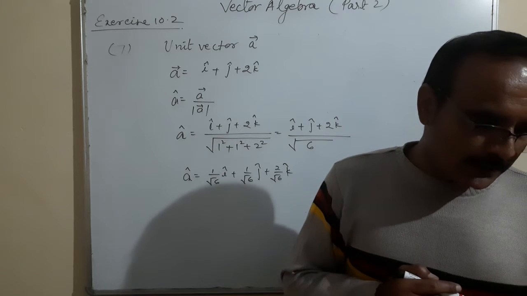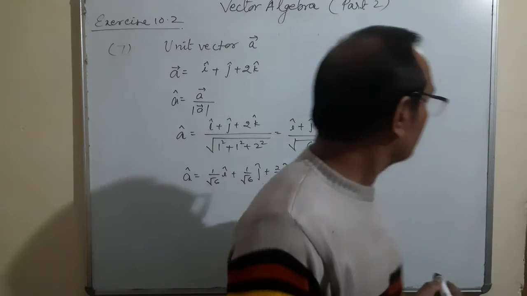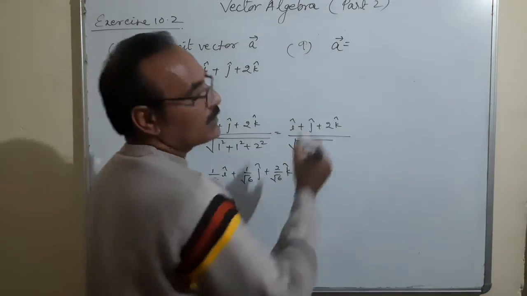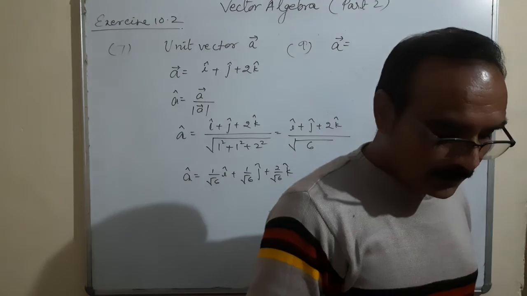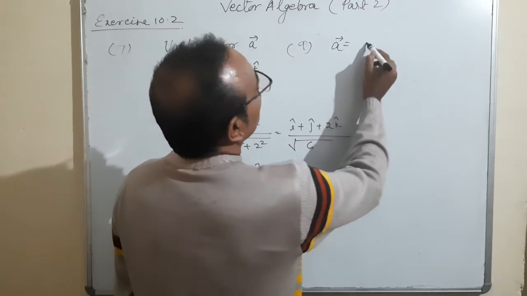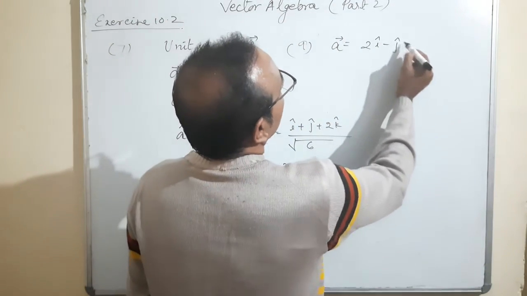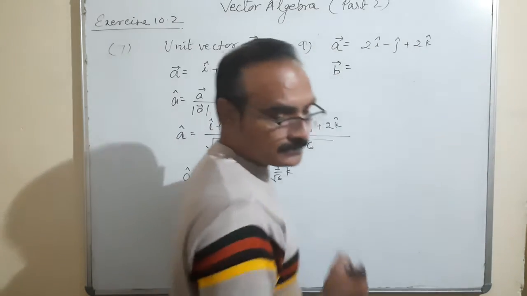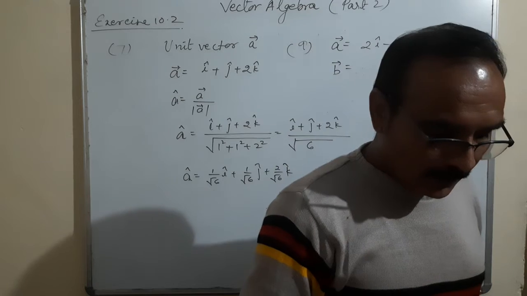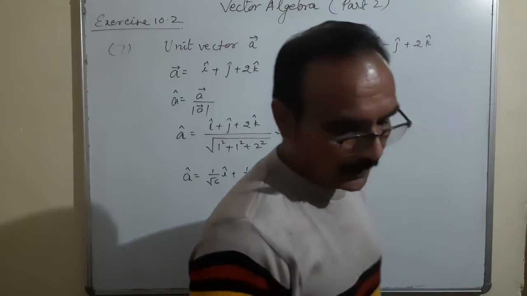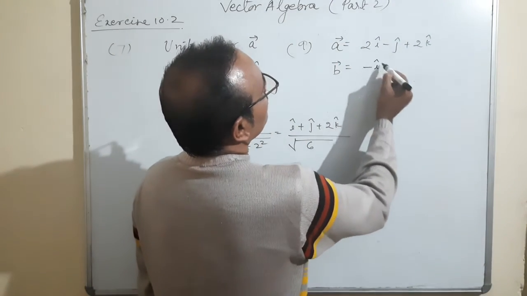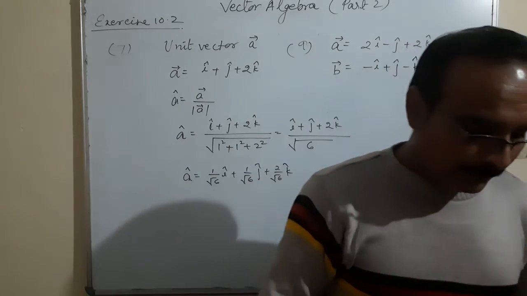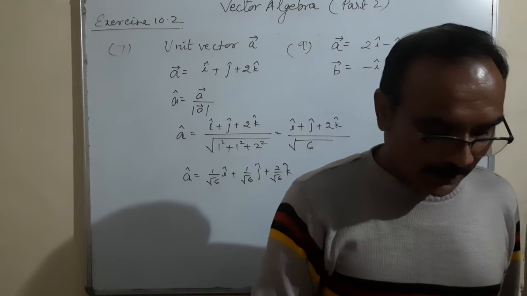For given vector A is equal to 2i minus j plus 2k, and vector B is equal to minus i plus j minus k.